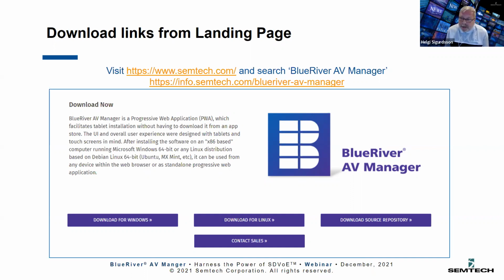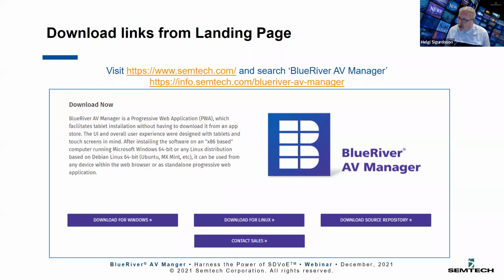This is a web application, so you have to install it somewhere on a computer on your network, and then you can access it with a browser running on another device located on the same network. We offer two installers: you can install this on a Windows computer or on a Linux computer, and you also have a dedicated download link for the source repository. So if you want the whole source code, you can get that.